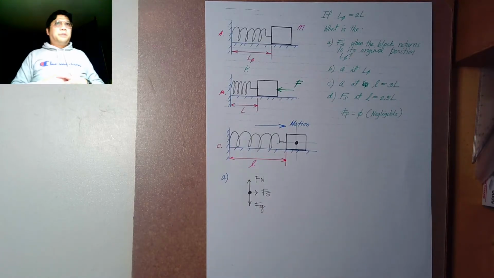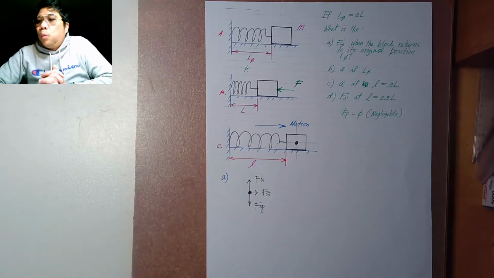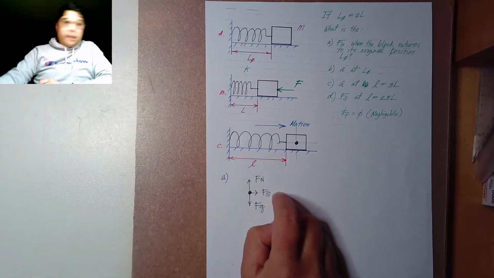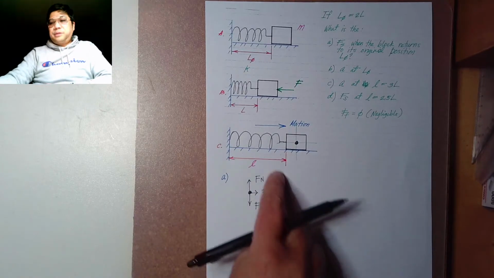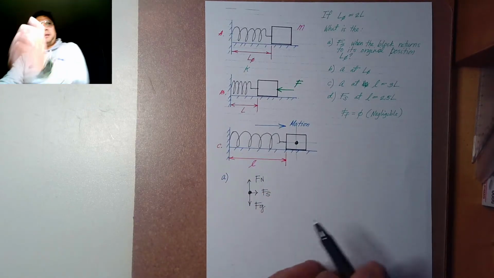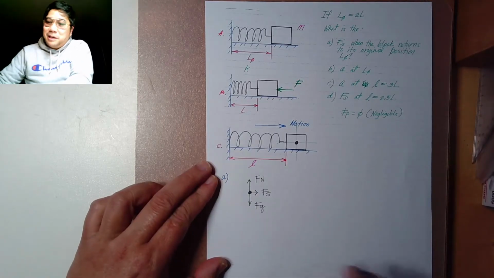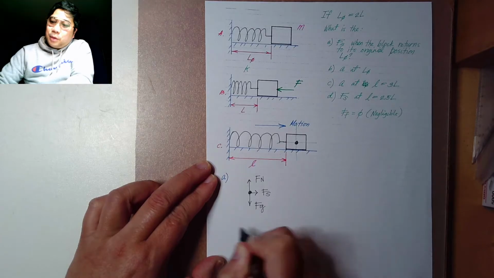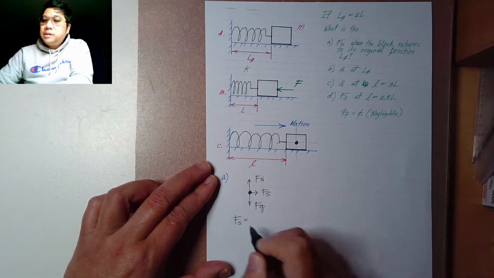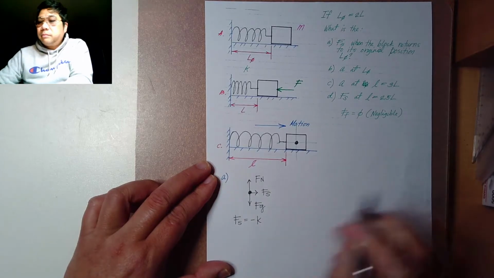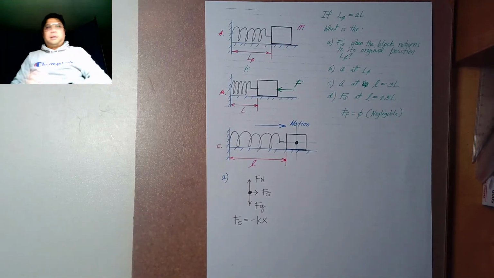So, what is the force of the spring? Basically, you don't even have to put summation of forces along the x and y axis. This solution is just a direct substitution into the equation where F_s is equivalent to negative k times x.